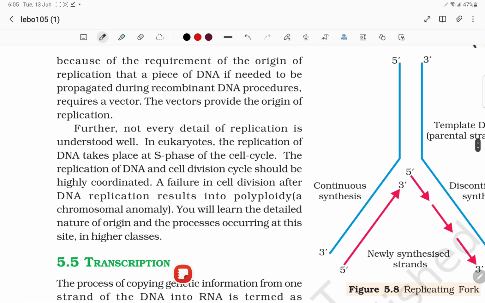It is because of the requirement of an origin of replication that a piece of DNA, if it needs to be propagated during recombinant DNA procedures, requires a vector. The vector provides the origin of replication.